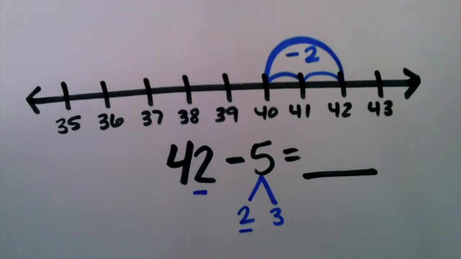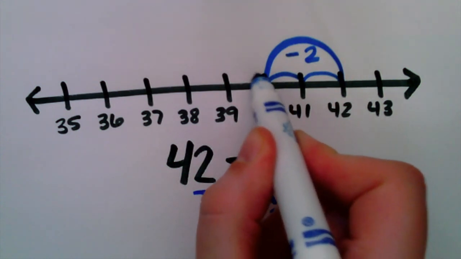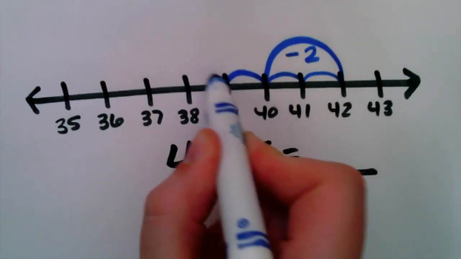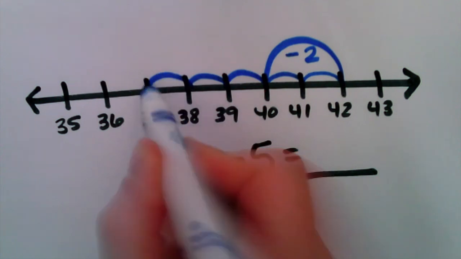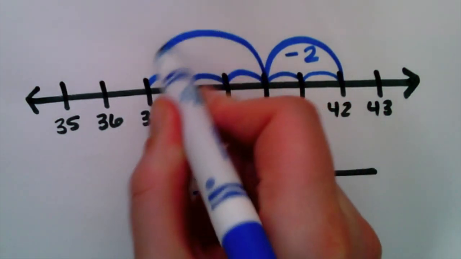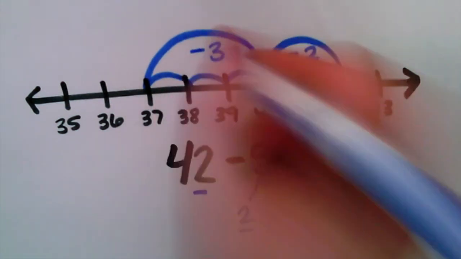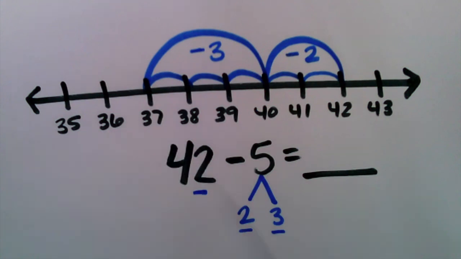And now we can see that there are 3 ones left over that we still need to take away from 40 to get our answer. Let's do that on the number line. 1, 2, 3. Draw a big hump right on our minus 3. And you can see that we landed on 37.